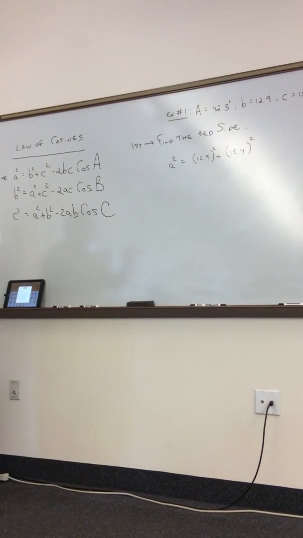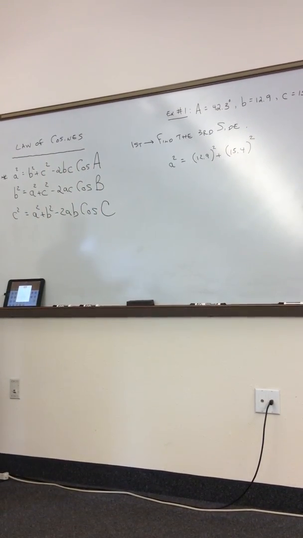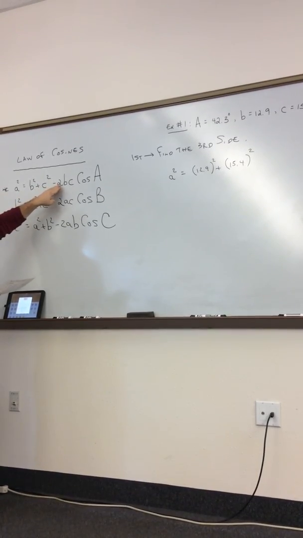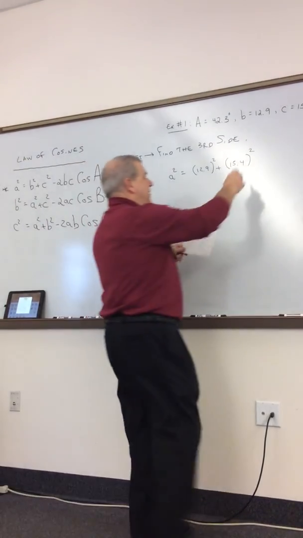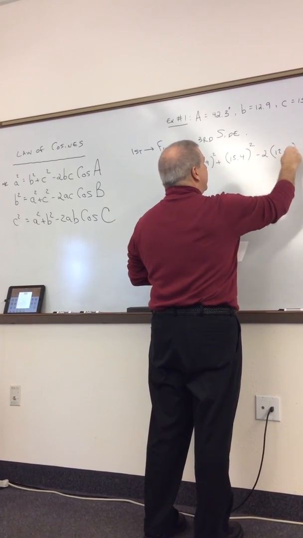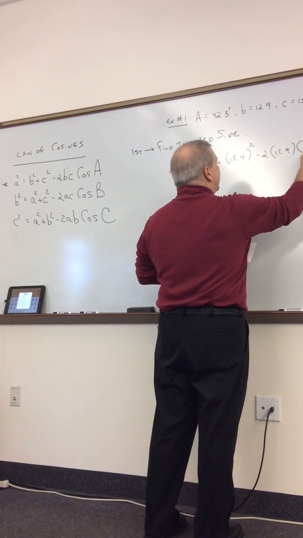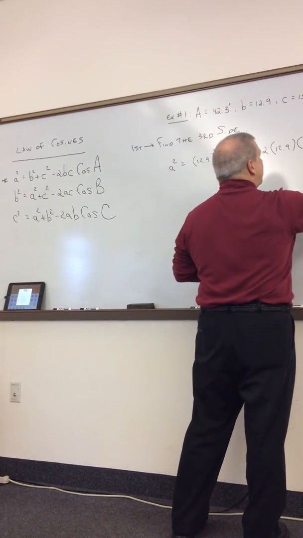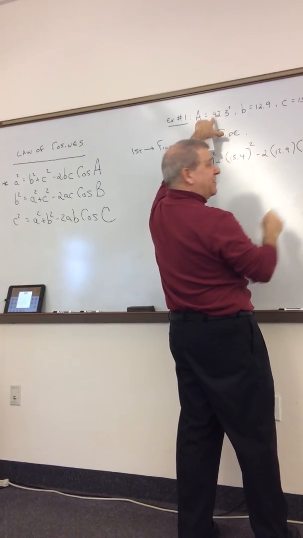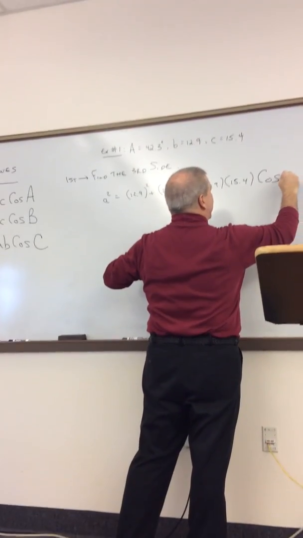All I did is plug those in. Now put it in your notebook the way I'm doing it. Minus 2 times B times C times the cosine of the angle included, which is given to you. There it is, capital A. It's 42.3.